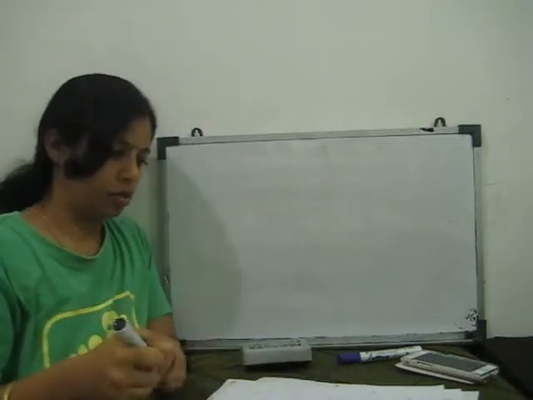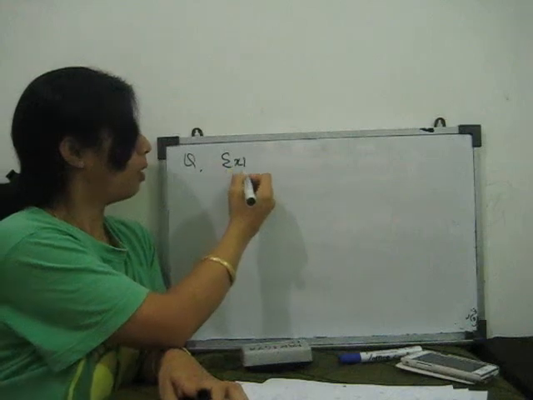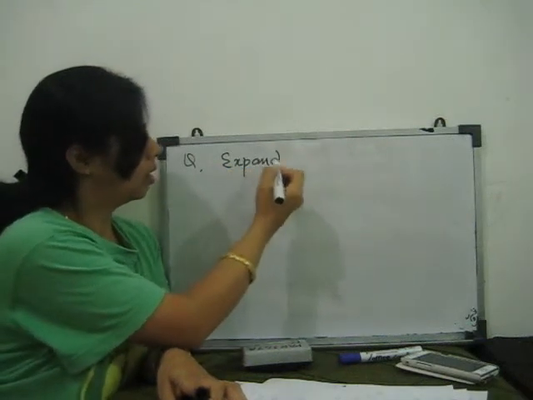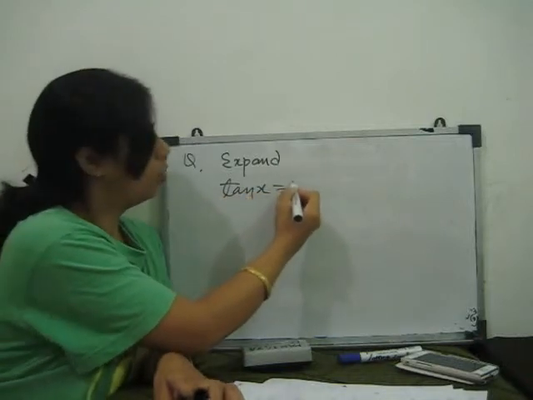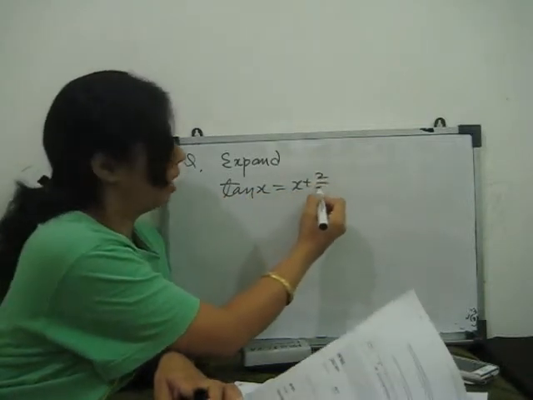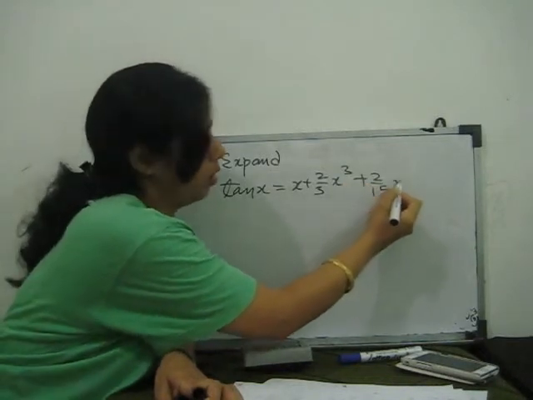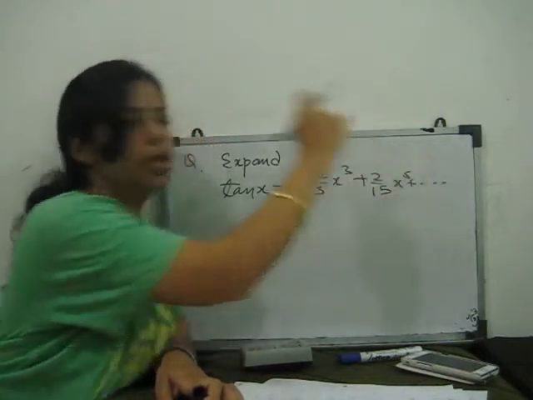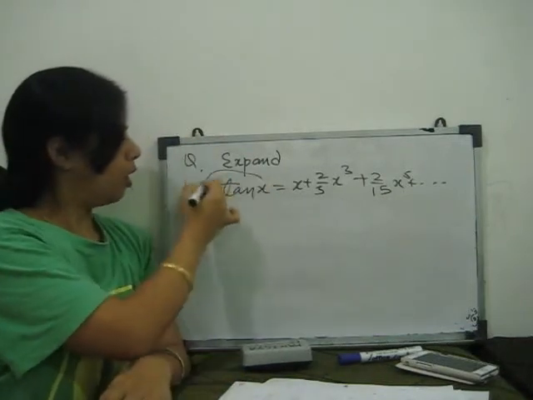Some problems on Maclaurin. Very easy: expand tan x equal to x plus 2 by 3 of x cube plus 2 by 15 of x to the 5 and so on. Clear? So what is our question?